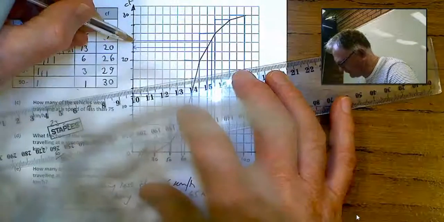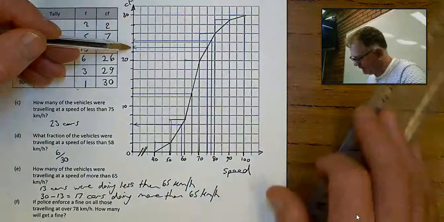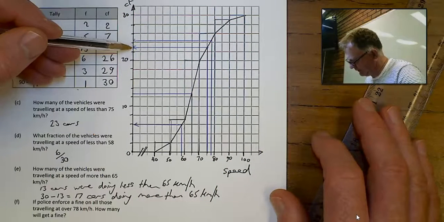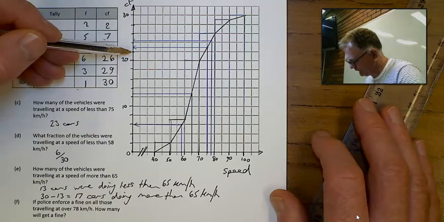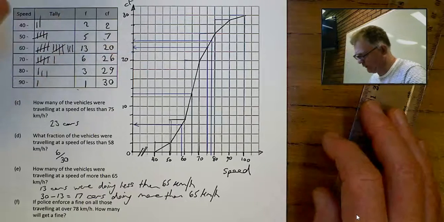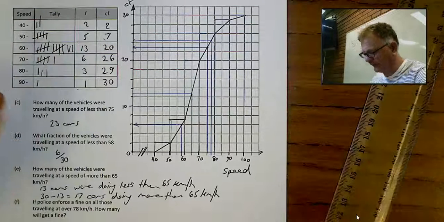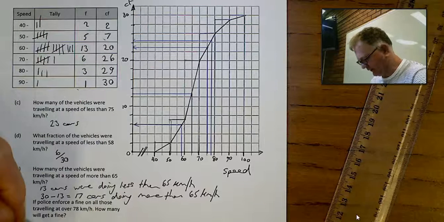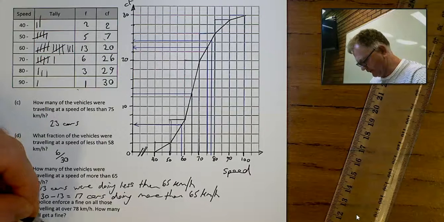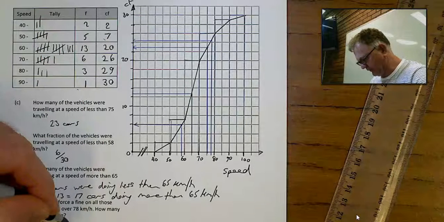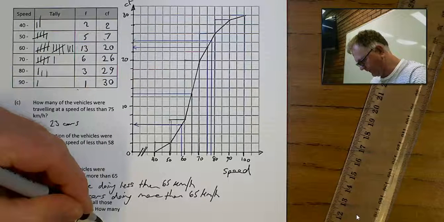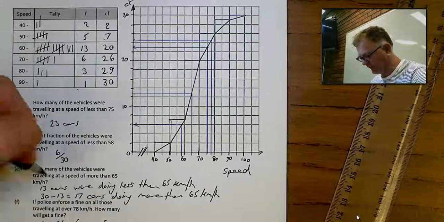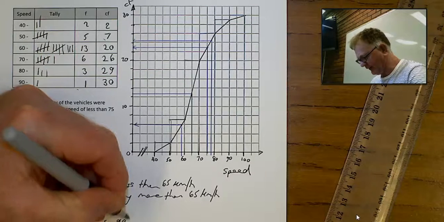I'm going to have to round it off to the nearest car, which is 24. So about 24 were doing less than 78. That would mean that 30 minus 24 equals 6 cars doing more than 78, 6 cars get the fine.